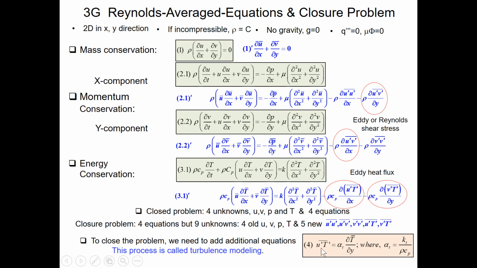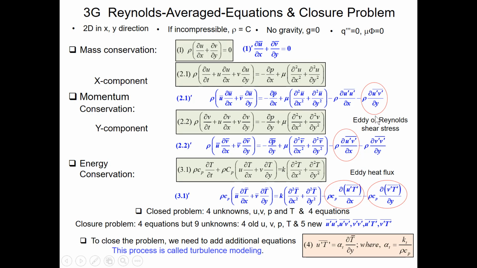For example, we give you an additional equation just to show you what it looks like. This is the average temperature gradient, this is turbulent diffusivity, and this is turbulent conductivity.